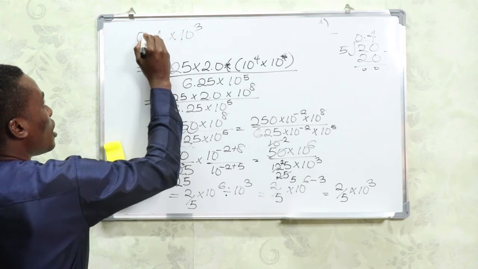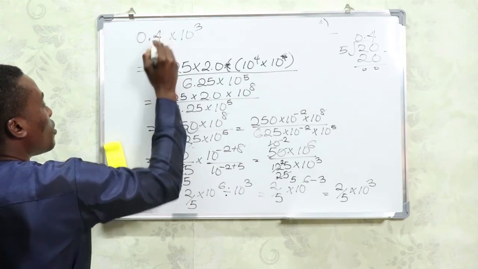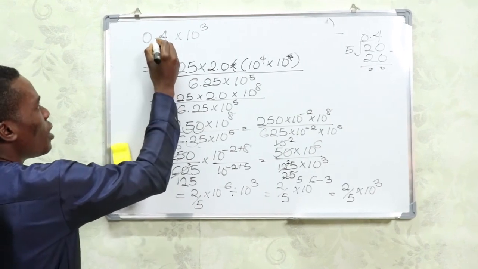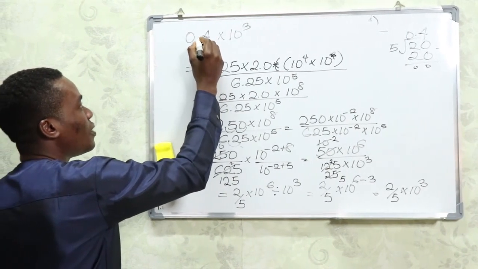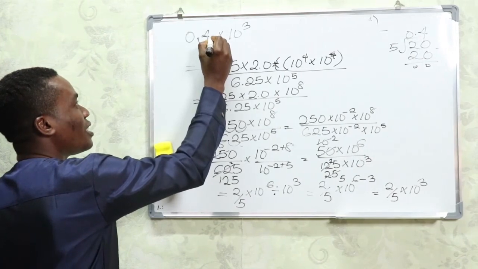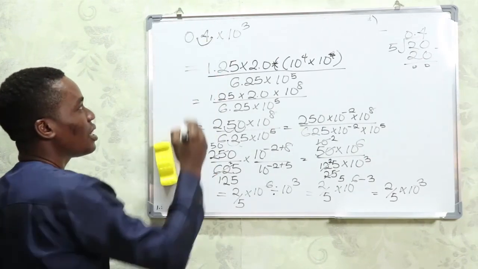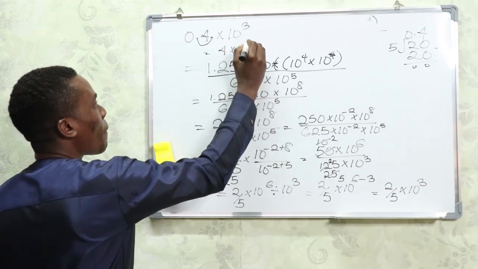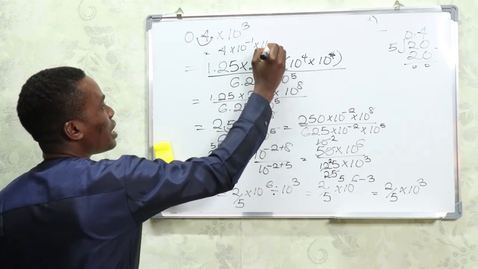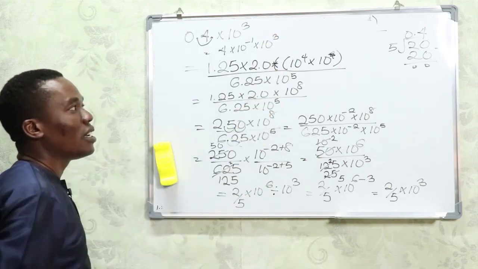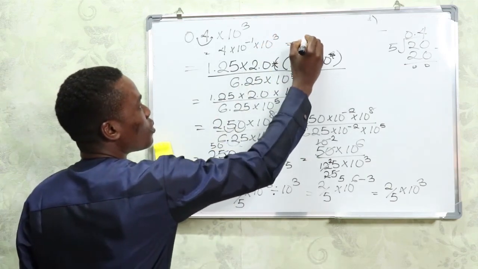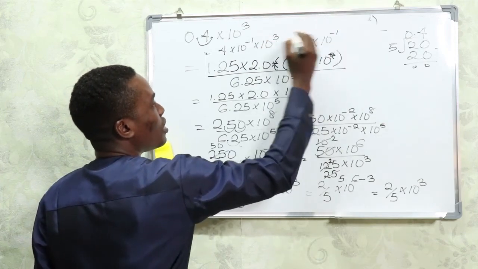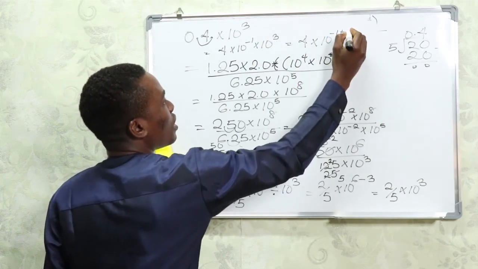Now we're going to change this 0.4 into standard form. So remember, we'll be counting from the right to the left hand side, and that portrays negativity. So this will give us 4 times 10 raised to the power minus 1 multiplied by 10 raised to the power 3. Now this will be equal to 4 times 10 raised to the power minus 1 plus 3.